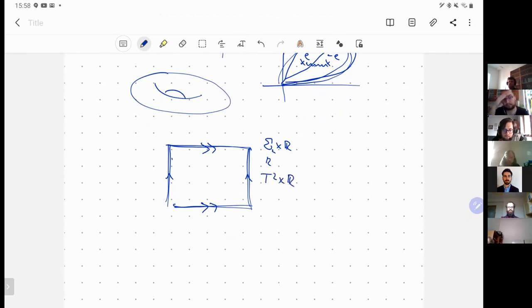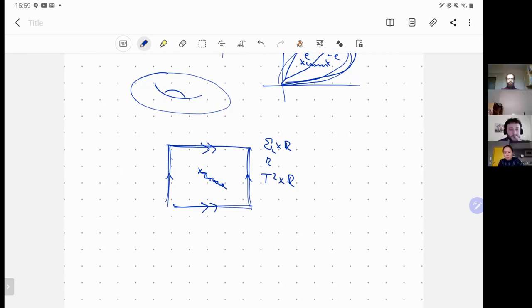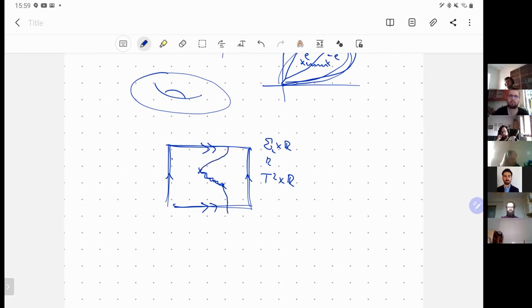And then I can create this particle-hole pair, and I can pull them away. I can extend this branch cut, go around, come back here, and annihilate them again.